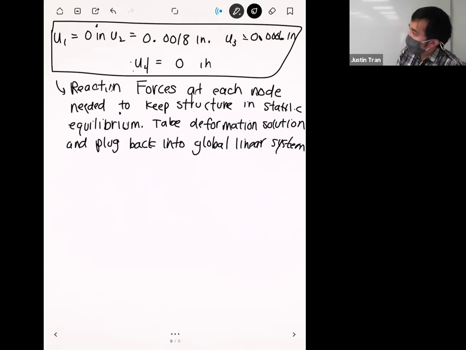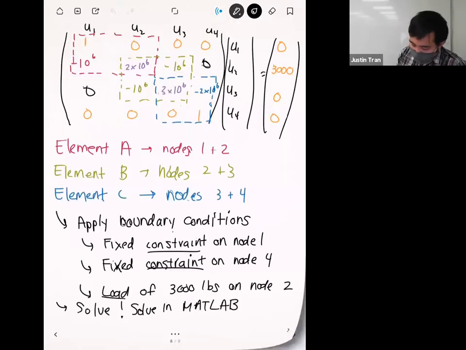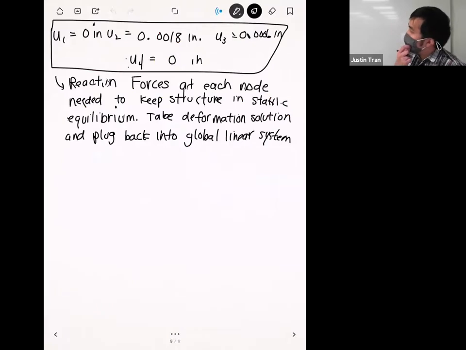But we're not going to plug it into the global linear system that we have previously right here. The global linear system that we're going to plug it into is the one that we used before we apply boundary conditions.